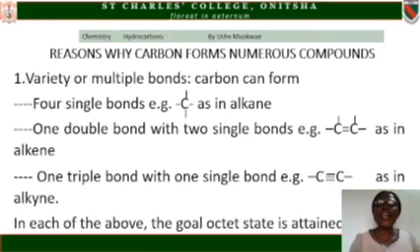There are a lot of compounds that contain carbon atoms. Let us now see the reason why carbon forms numerous organic compounds. If we look around us today, we will discover that there are over 2 million compounds that contain carbon.